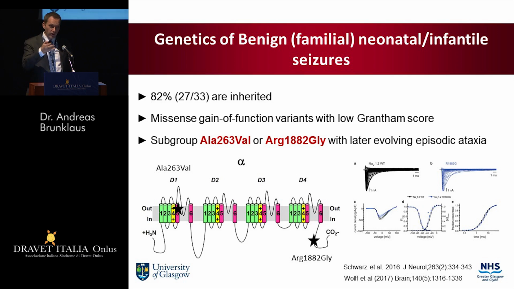As we already heard earlier, there are different subgroups emerging, particularly one with later evolving episodic ataxia due to a gain-of-function variant. Holger's group showed this very nicely, and there seems to be a particular hotspot, which is here, but I'll leave Holger to explain that later in his talk.